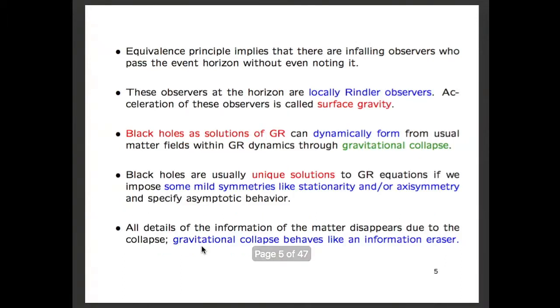And again, we know that black holes can form under standard GR dynamics. And about black holes, we know that we have several uniqueness theorems which tell us that given mild symmetry conditions and asymptotic behavior, the solutions to the GR equations of motion are unique.